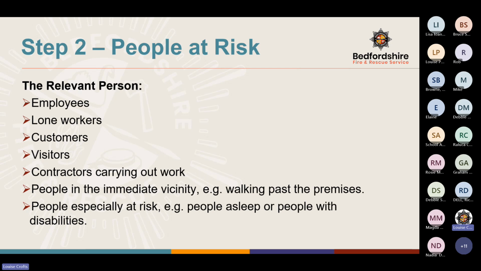They might not be able to self-evacuate. So it's thinking about, do we need any specialist evacuation equipment? Do we need a PEEP, which is a personal emergency evacuation plan for those people that are disabled? So you need to think about who the people are that could be at risk from a fire within your premises. And that could be anyone really.